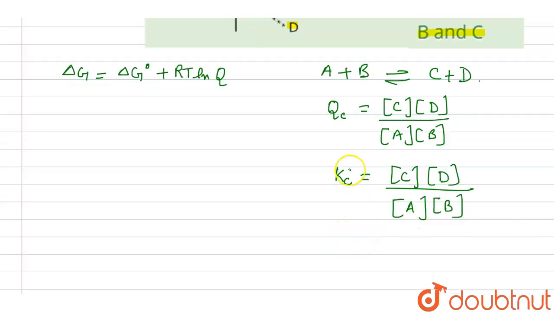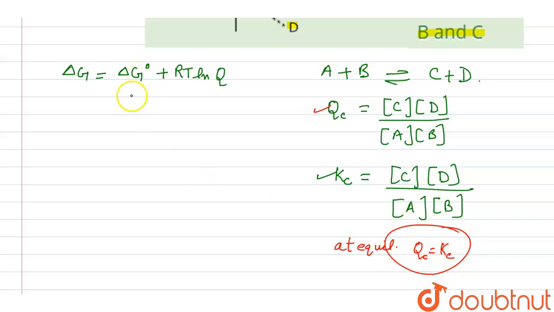If the equation has a condition of equilibrium, Kc will be considered, and if the equation is at any temperature, or you can say concentration, it will be Qc, that is the reaction quotient, right? So at equilibrium, Qc is equals to Kc, right?